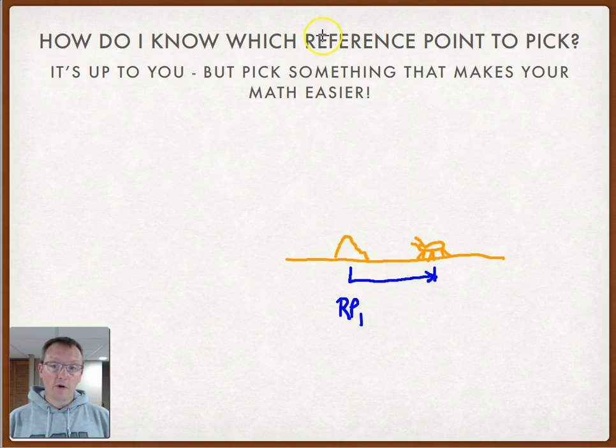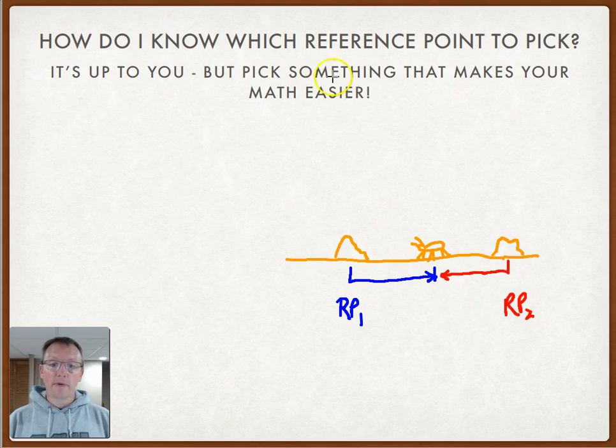Could I also, though, determine, let's say there's a rock over here as well, could I pick that the reference point is here and tell you that the bug is instead this distance to the left? I totally could. It doesn't matter at all which one you pick.